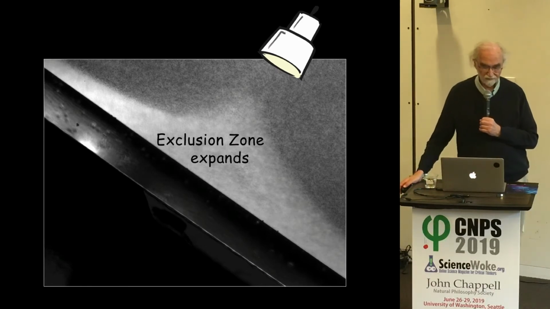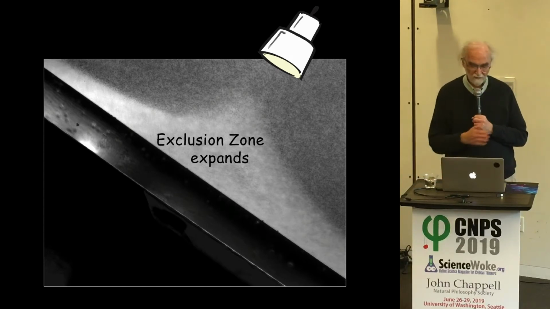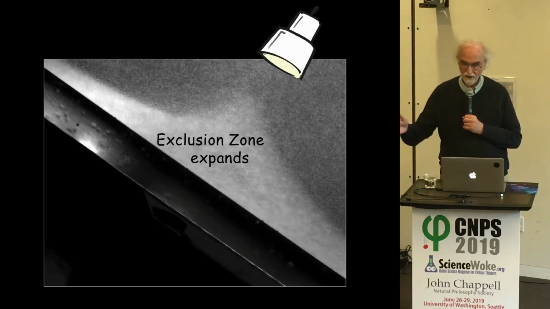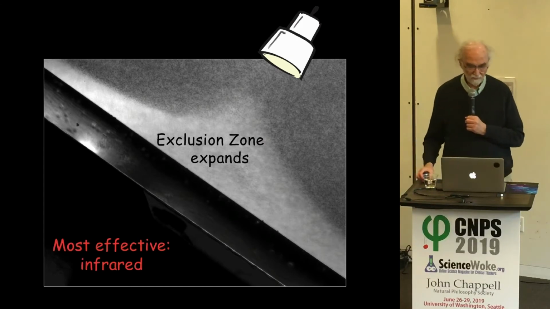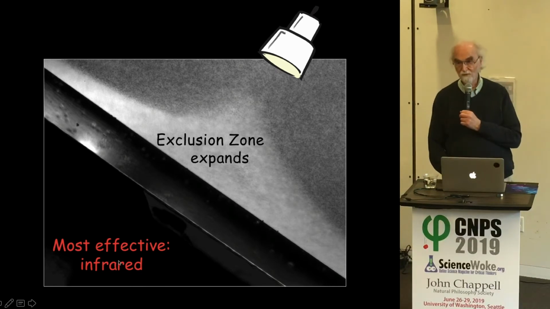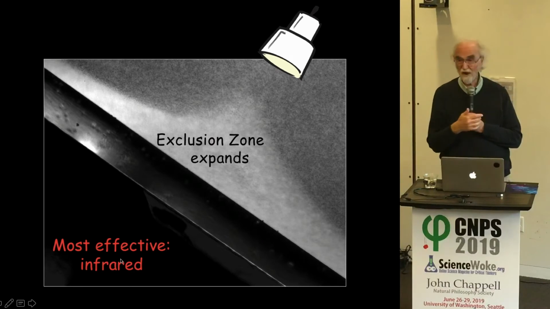We started in the UV range, and used a series of discrete wavelengths running through the visible all the way through the infrared up to about 4 or 5 micrometers. And we found that by far the most effective was infrared, and particularly 3 micrometers. It was perhaps hundreds of times more effective than the visible wavelengths.